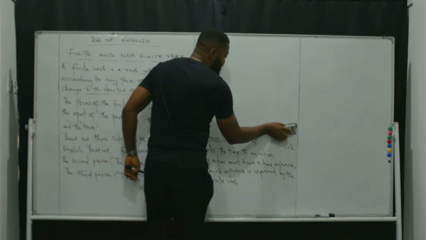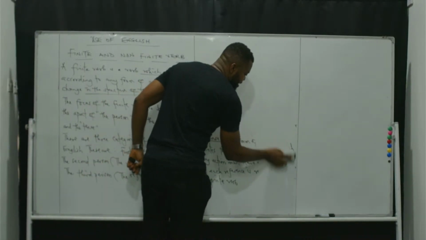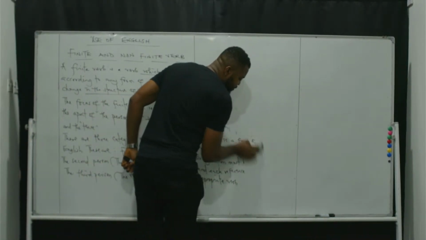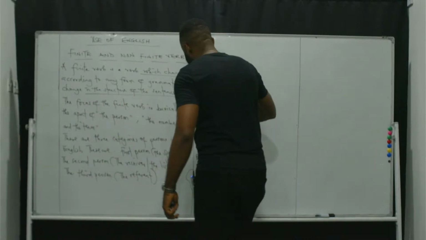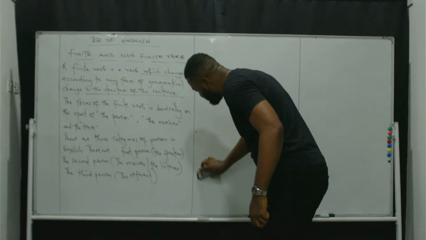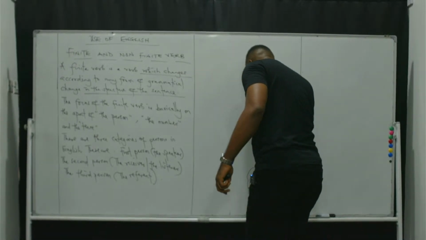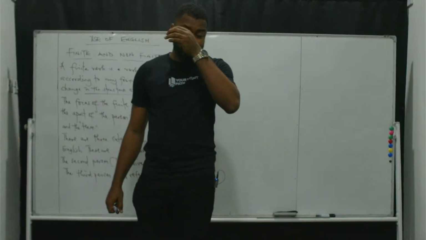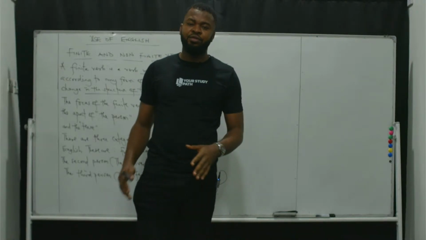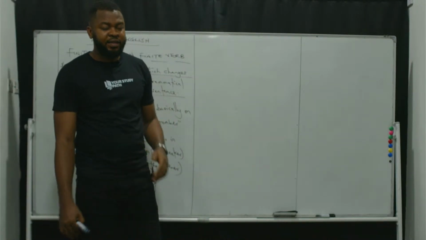So an irregular verb is a verb that does not end in ed for both past tense and past participle. Do you understand? It means that an irregular verb does not have a fixed form. It changes according to the differences in the tense.